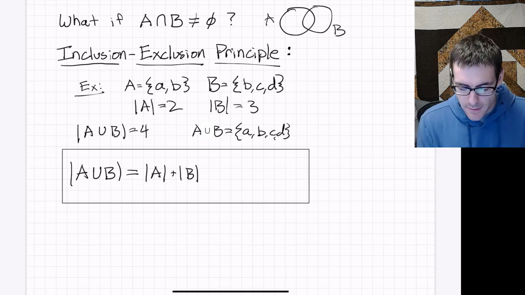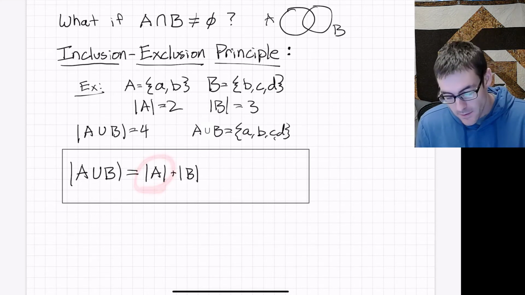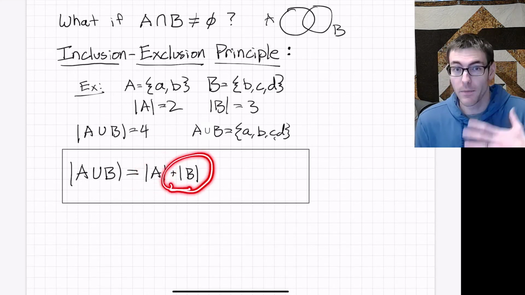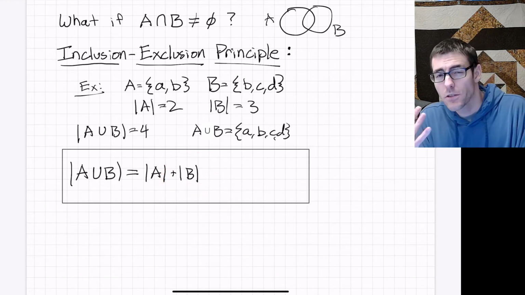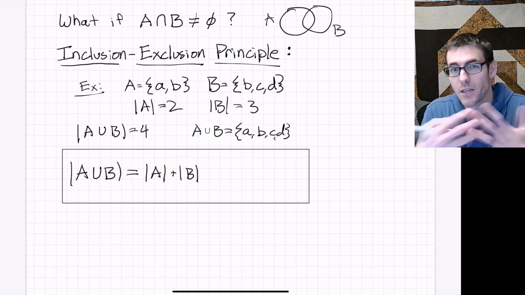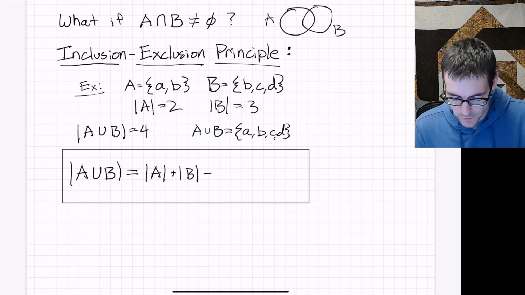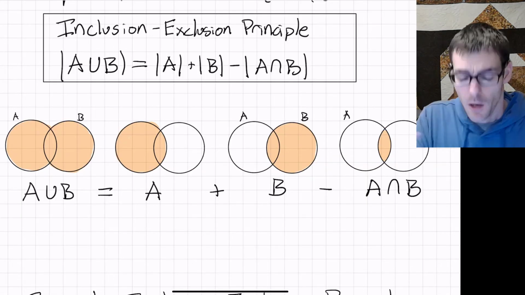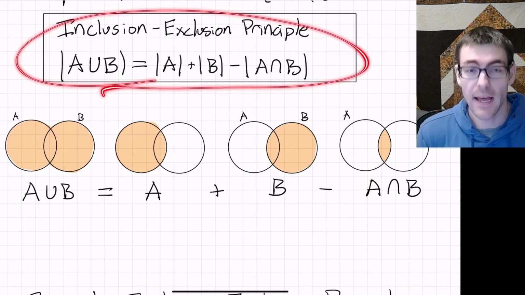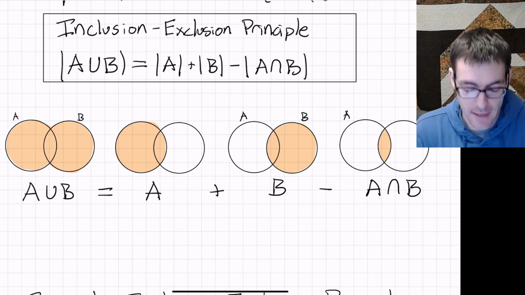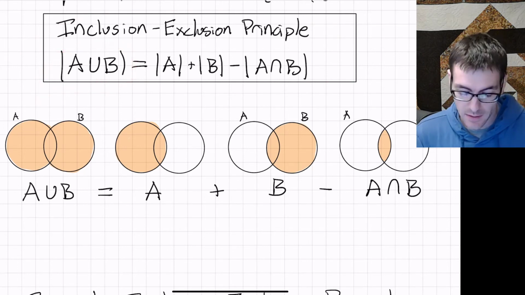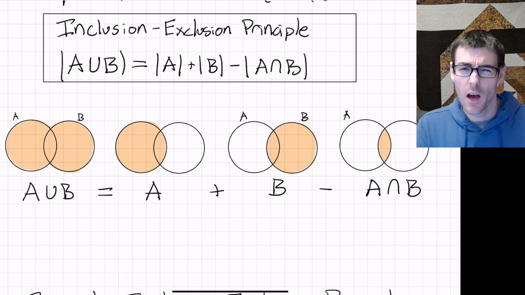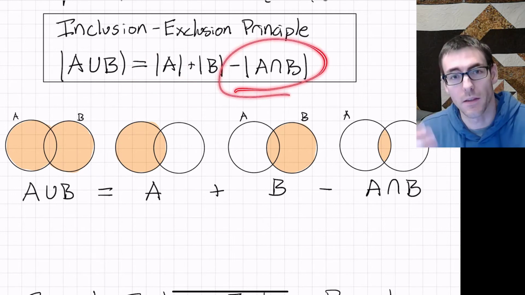Well, we can take the number of elements in our first set and add them to the elements in our second set, and then just subtract off the amount of double counting that we've done. So we're going to subtract the number of elements in the intersection of A and B. All right, so this is the inclusion-exclusion principle. The idea is that the size of the union is the size of each of the pieces adjusted for the amount of double counting that we have.